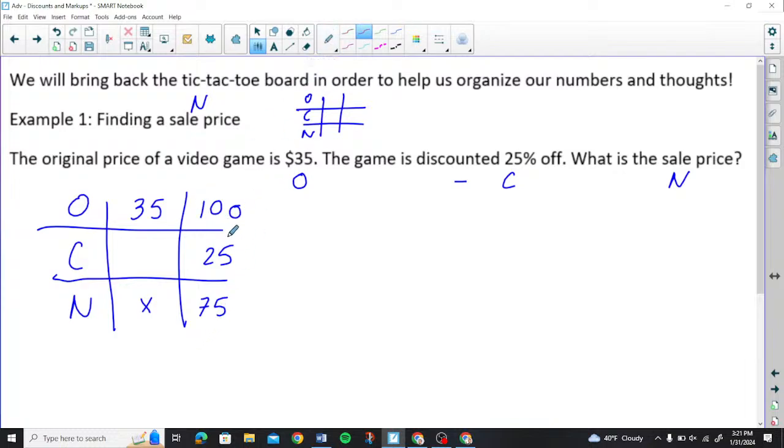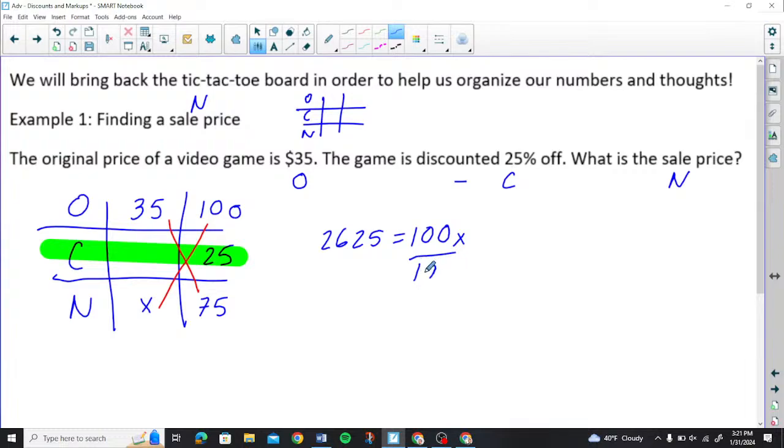Thus, we will proceed to ignore the middle row, pretend it's not there, and we're going to do our cross multiplication through that middle row. So we have 35 times 75, which is 2,625, and then 100x.